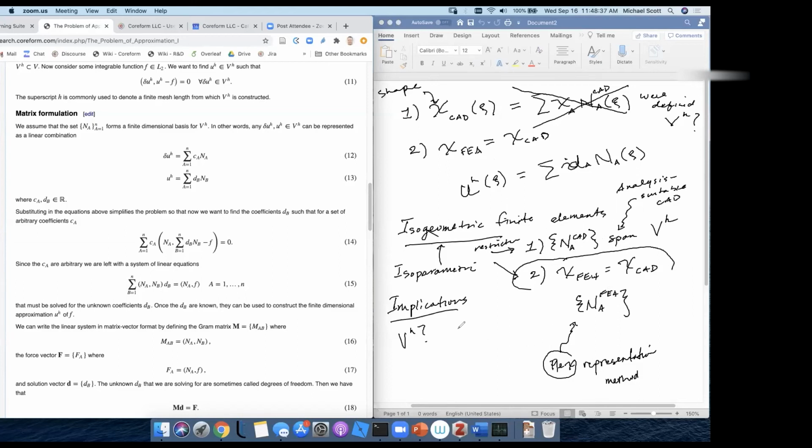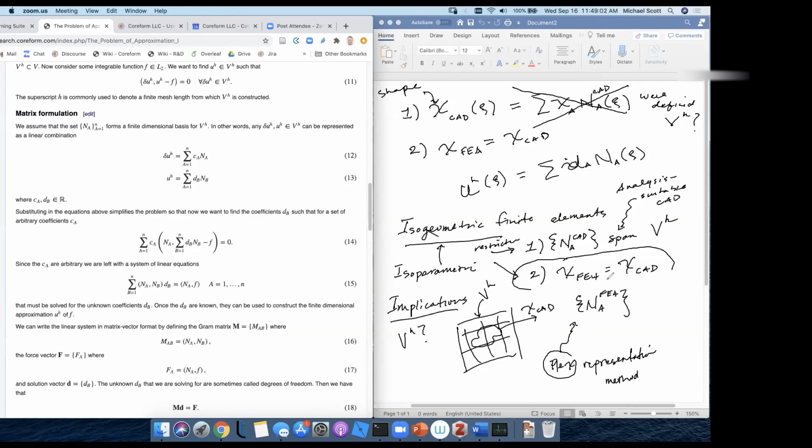Well, couldn't we just do this though, in this case? So there's the CAD. And then this is the mesh that creates VH. All of a sudden, wow, it's really easy to, is this a hard mesh to create, a box? No, we can do that automatically, right?